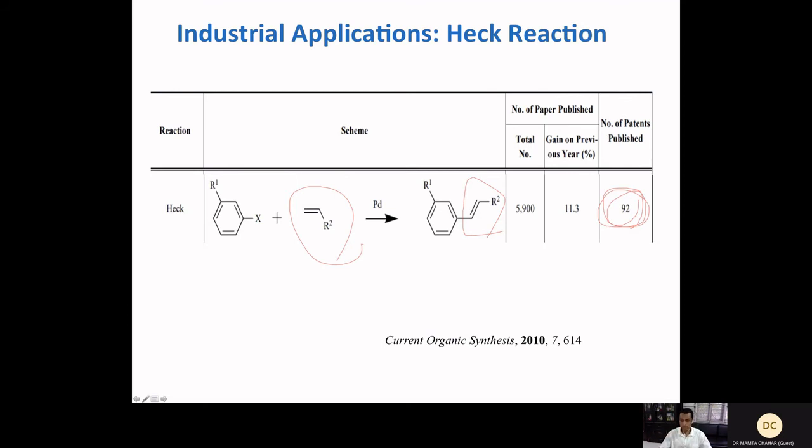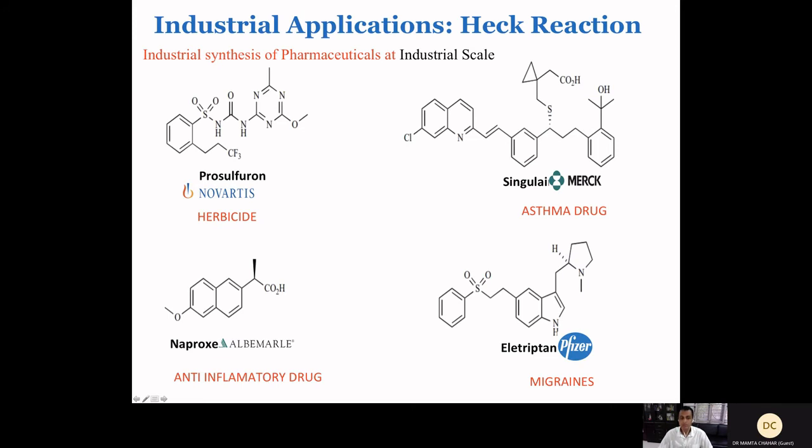Okay. So that is what we are seeing again and again, just to give you an idea of how important these reactions have been. Now these are Novartis products. So this Novartis product is an herbicide, it is on the market, and prosulfuron can be synthesized by utilizing this Heck reaction.